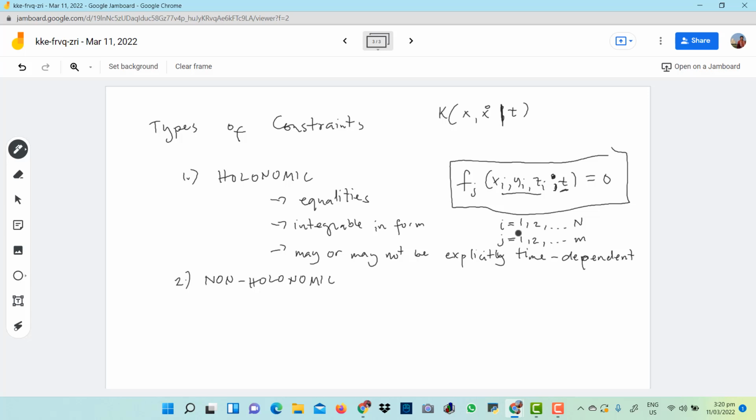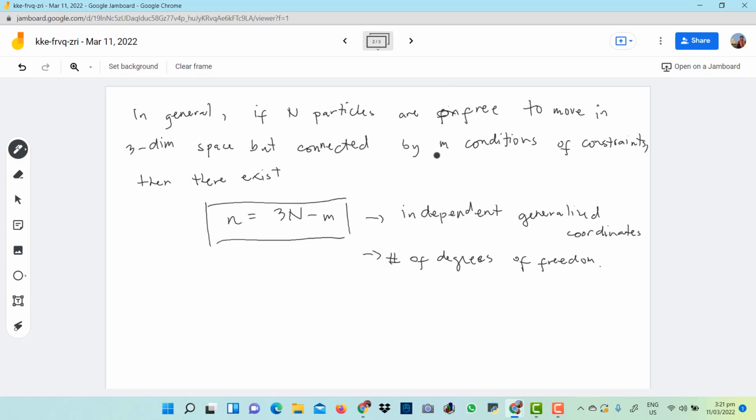This j counts how many constraints. For example, j equal to 3 means you get three equations of constraint in your system, and i equal to 3 means three particles. Take note: i determines how many particles are in your system, while j determines how many constraints are in the system. So i runs from 1 to n, while j runs from 1 to m. We use m for constraints and n for the number of particles.